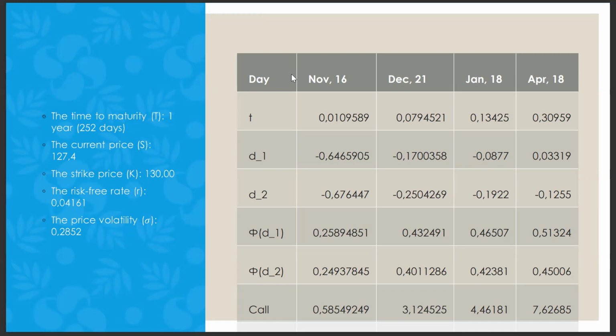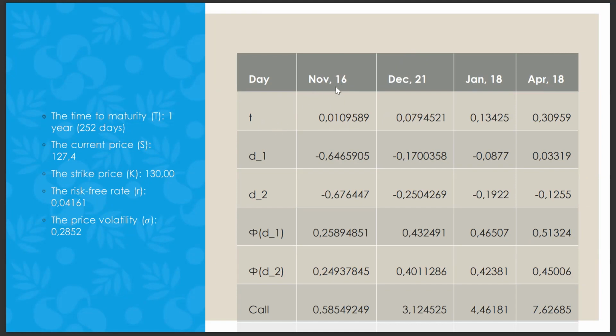So we open the Nasdaq site. We choose the trading date, and this is the time to maturity. So we chose the date, and T is the number of days from today to this date, expressed in parts of years.